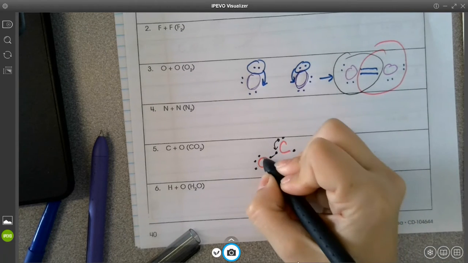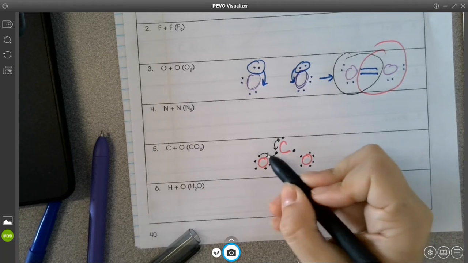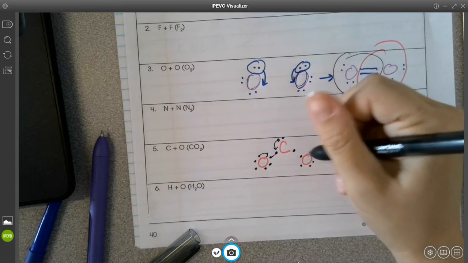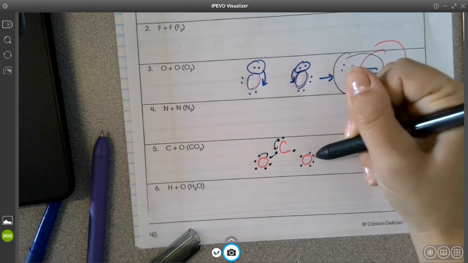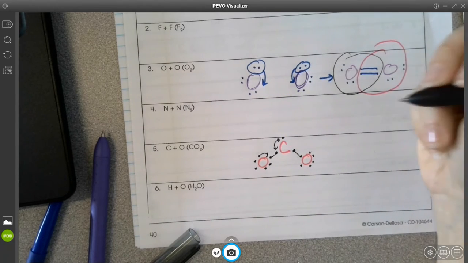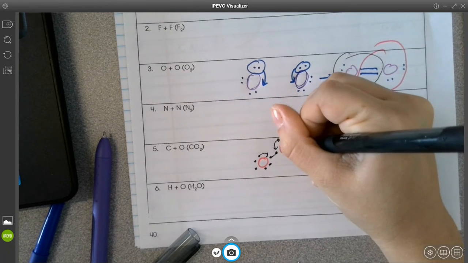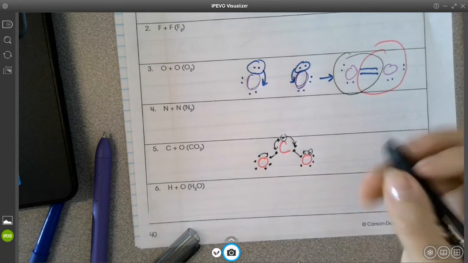That's where I will create another bond from my leftover electrons. Same with this one. If I have 1, 2, 3, 4, 5, 6 electrons, and this bond creates 7, I'm short 1. So that's where my electron comes down. And I know I'm going to share this.